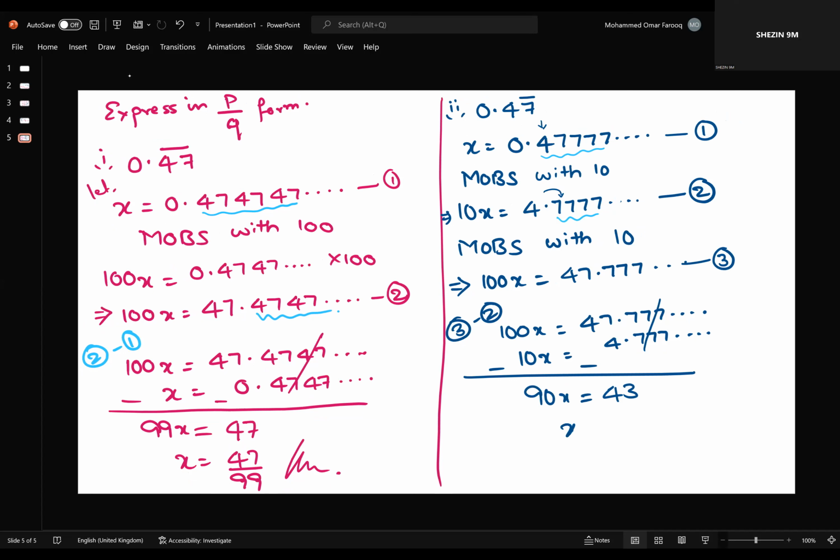So x equals 43 by 90. Therefore, in the last step you write, 0.47 bar equals 43 by 90. I hope everybody has the concept clear here.